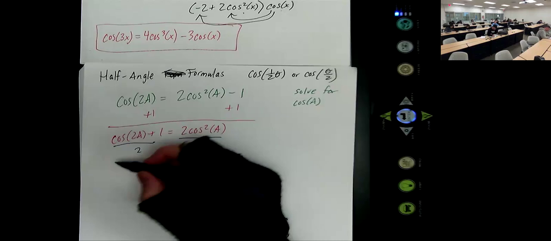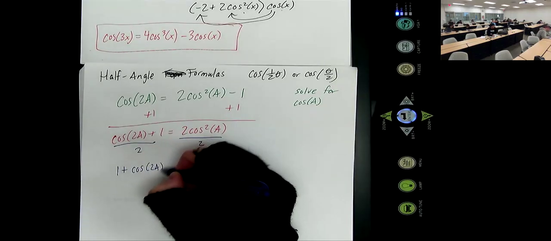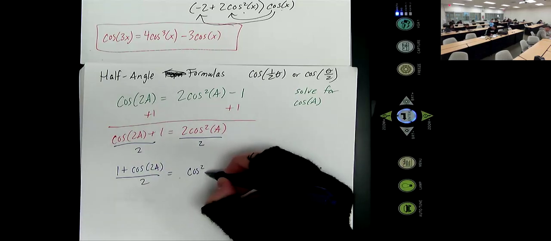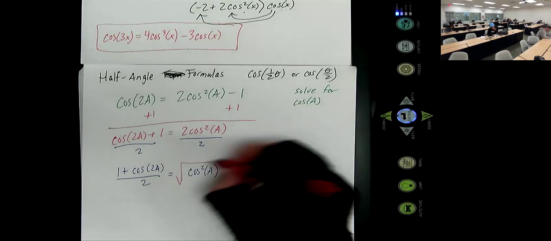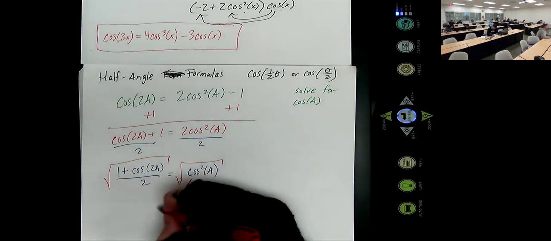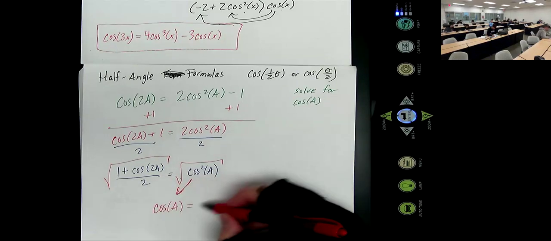I'm going to change the order of these: 1 plus cosine of 2a over 2 equals cosine squared a. And we will take the square root of both sides. Cosine a equals, when you take the square root, you have a plus or minus.